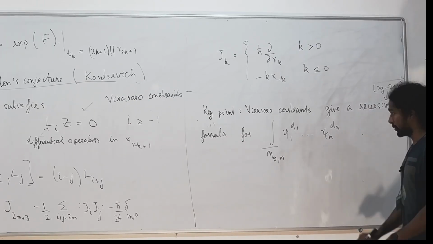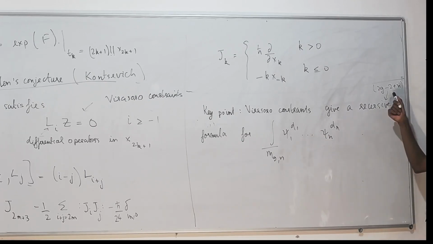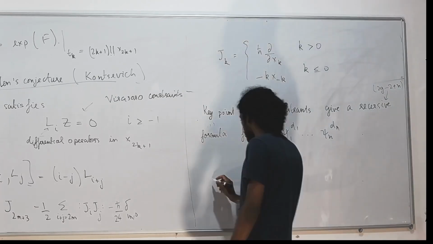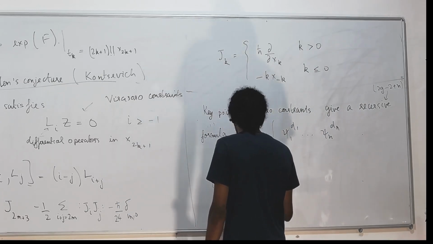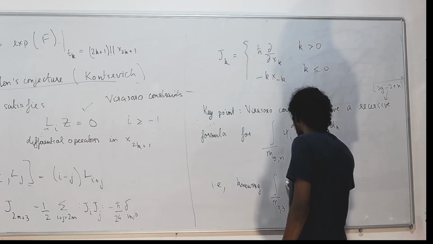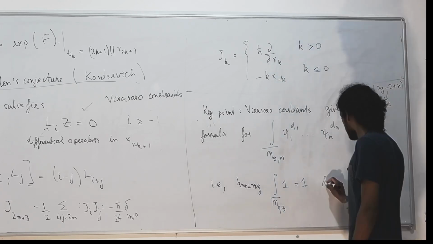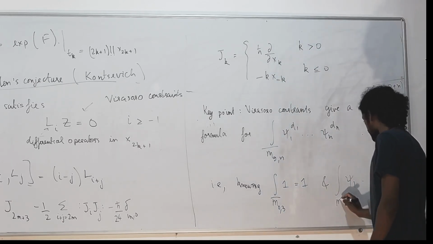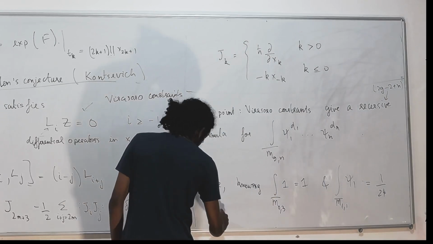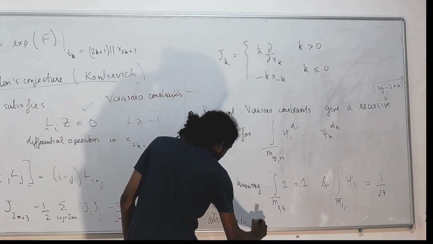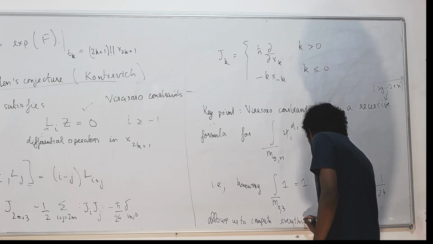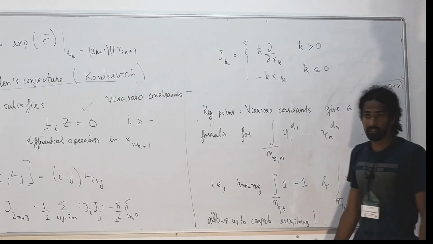If you just know the initial conditions, which is when 2g minus 2 plus n is 1, so on (0,3) and (1,1), i.e. knowing that the only non-trivial intersection numbers are 1 on M_{0,3}-bar and 1 over 24 on M_{1,1}-bar, this allows us to compute everything using these Virasoro constraints.